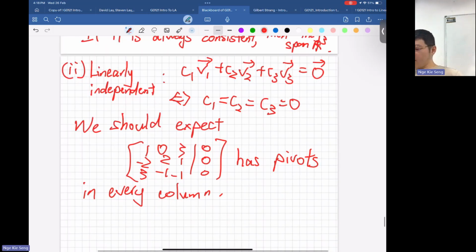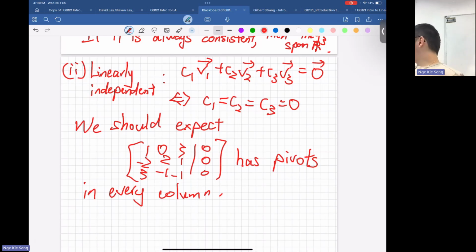Is anyone not happy about this? 有人不理解吗？为什么解出零的答案跟 pivot 有关系？不理解不用紧，final 的时候要理解。If you don't understand, I can explain again. Why is solving for the zero solution equivalent to having pivots?